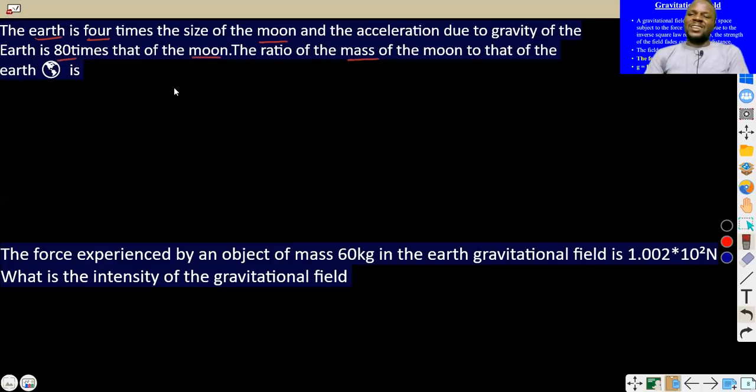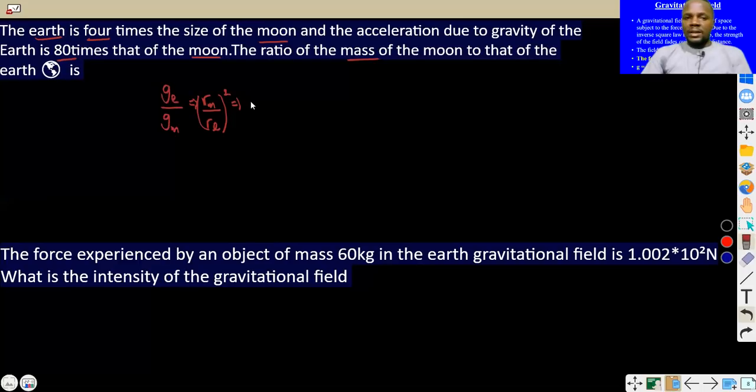So let's just relate what we've studied. When we relate g, considering Earth and moon, g of Earth divided by g of moon, just what I did just now, must be equal to, when we compare radius, which is inverse, the radius of moon over radius of Earth, all squared, which is the same thing as when we compare it with mass.